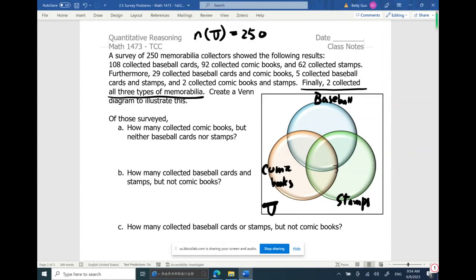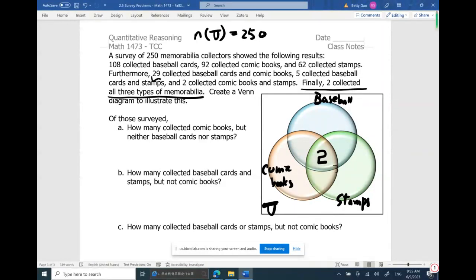So we have 2 in the center of the flower, right? That's the overlapping part of all the 3 sets. Okay, so we go backwards. Going backwards is the way we do this kind of problem.